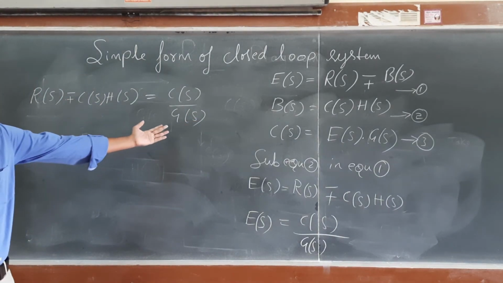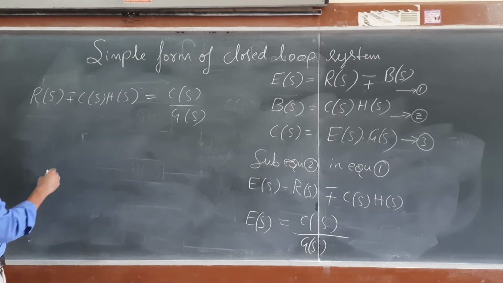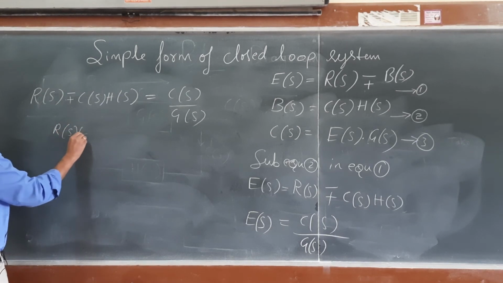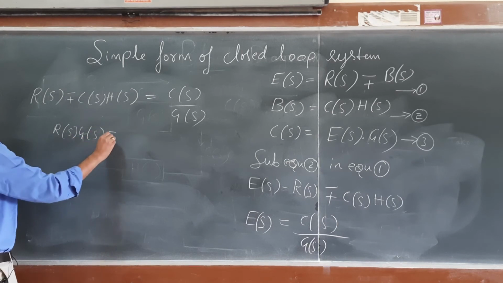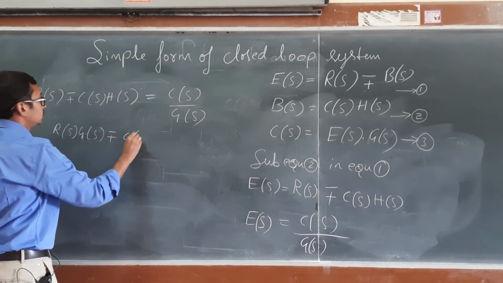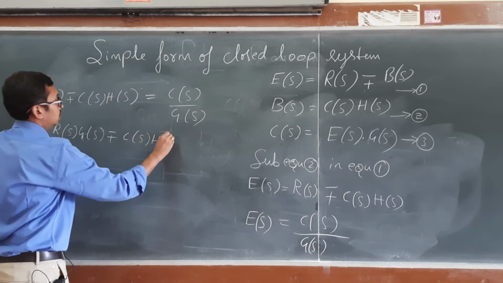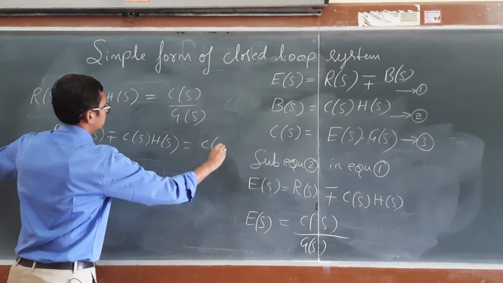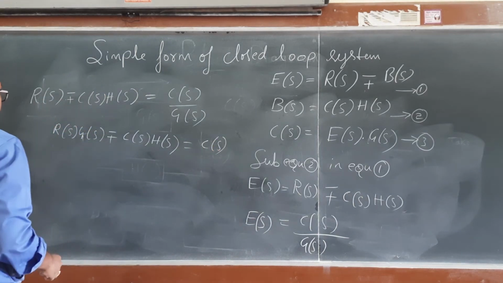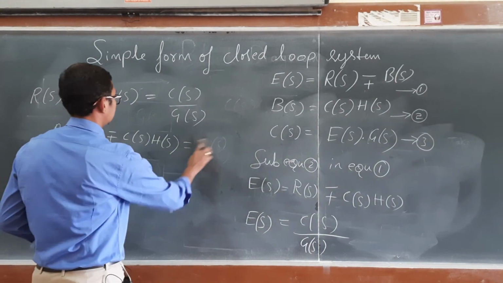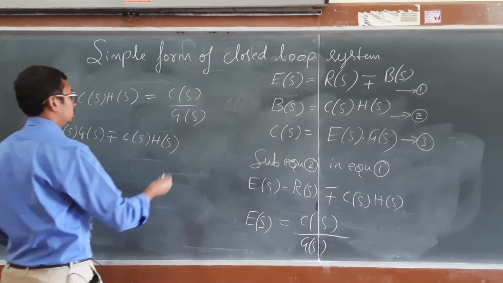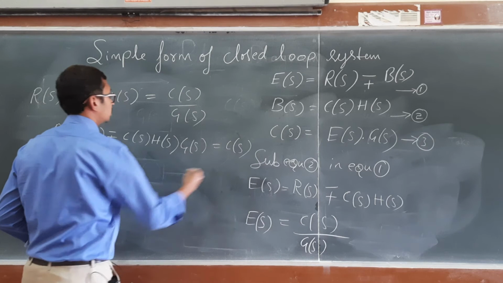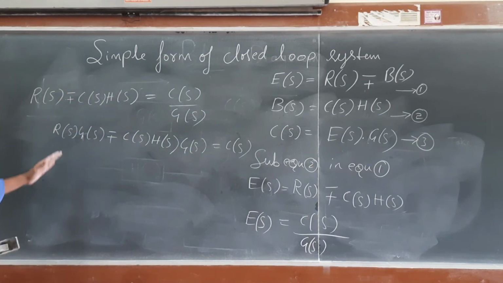If I cross multiply the G of S, this can be written as R of S G of S minus R plus C of S into H of S is equal to, sorry, I forgot to write the G of S, so G of S into C of S. Right?